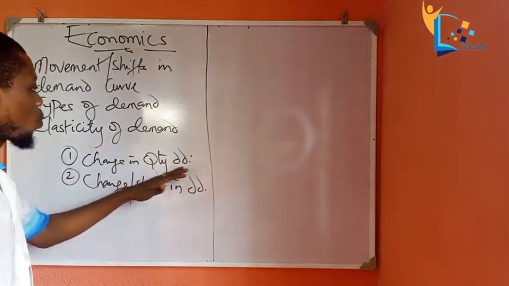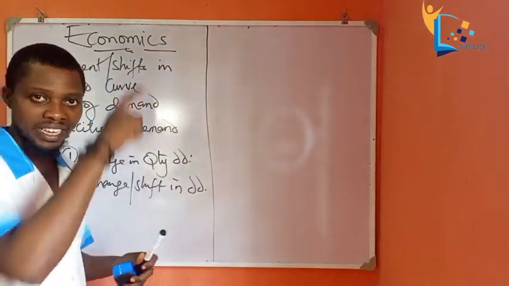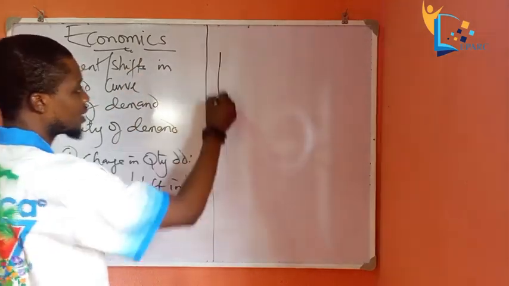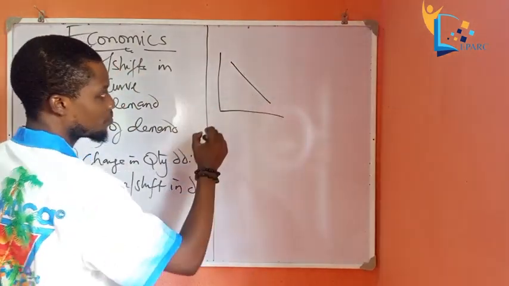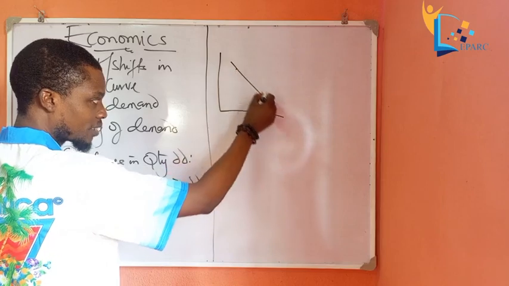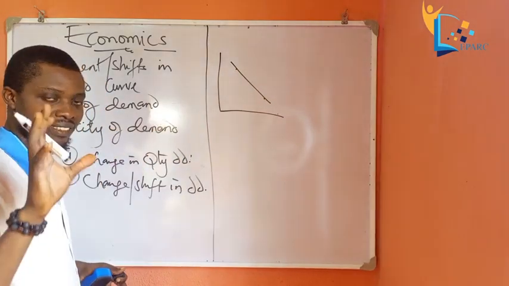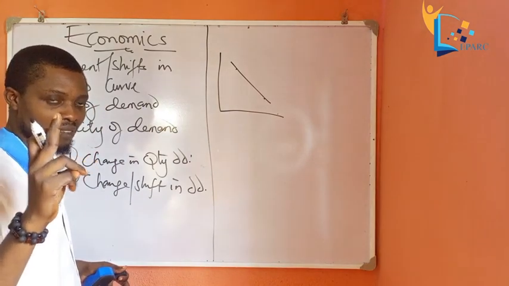When we say change in quantity demanded, this is the movement from one point to another, still on the demand curve. In this case, it can be seen from two aspects.